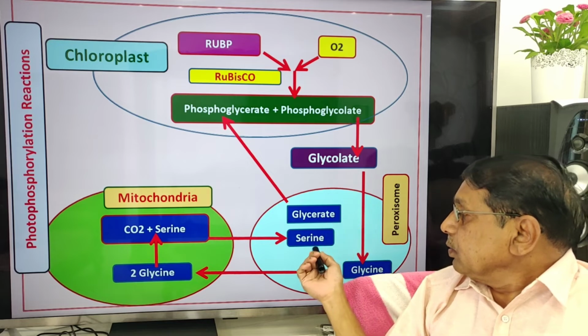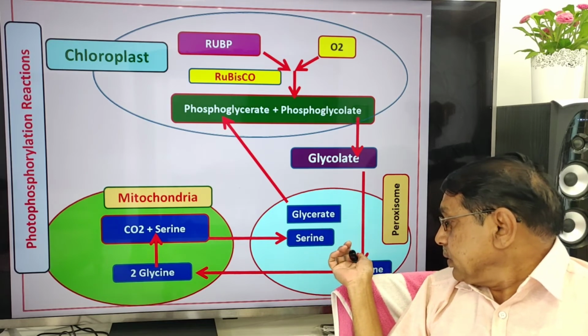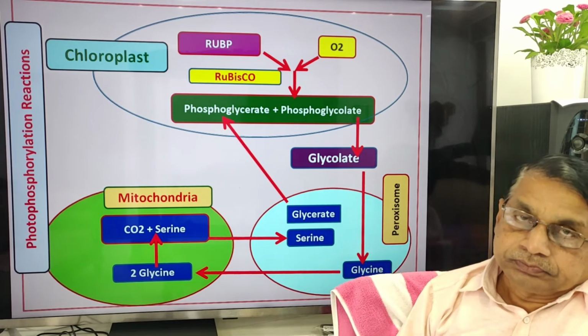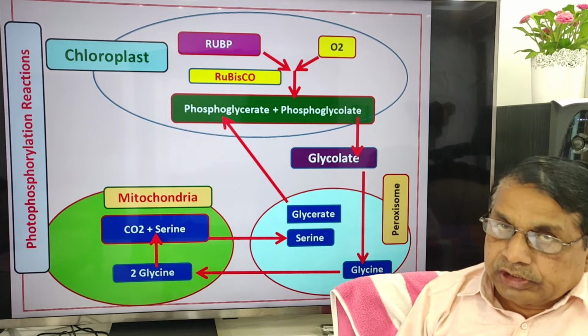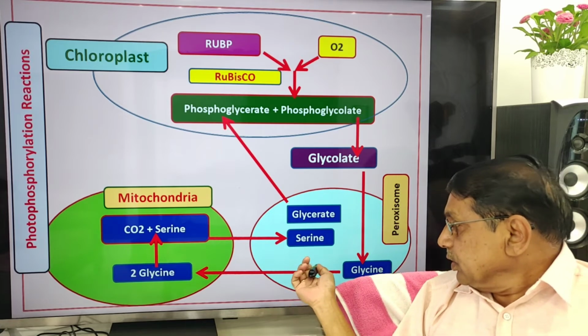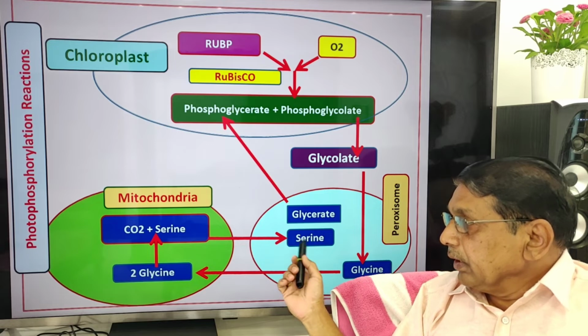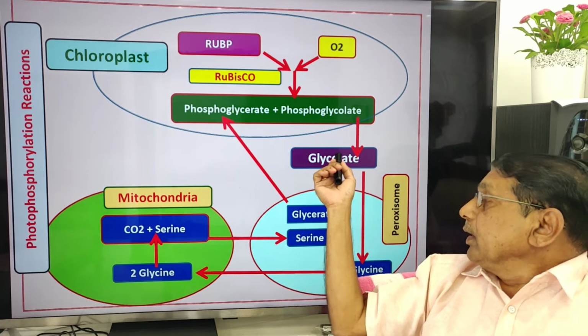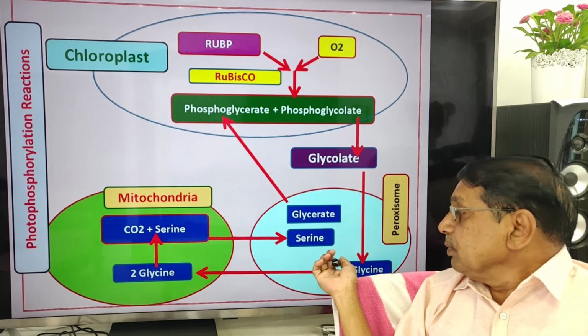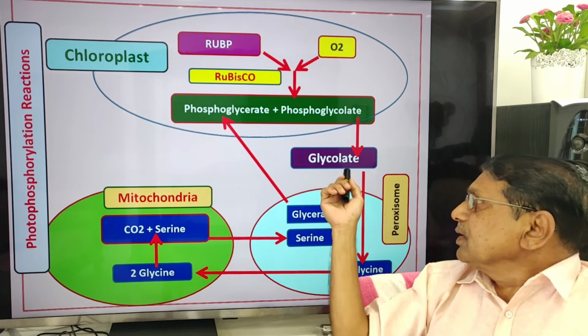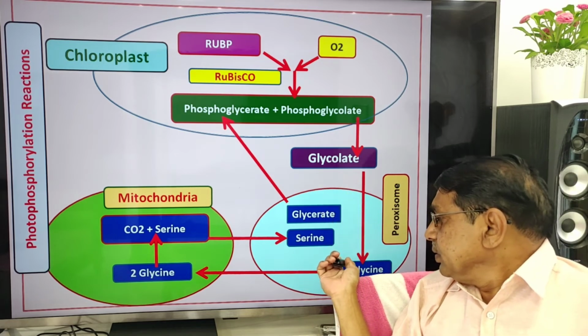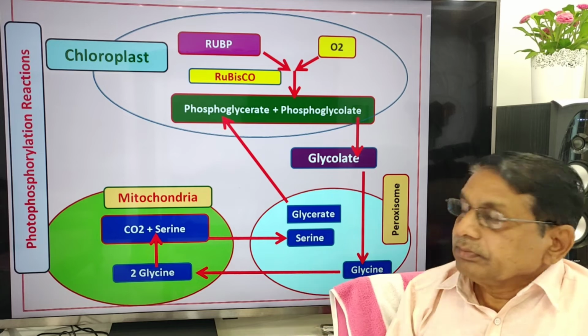After entering the peroxisomes, it is converted to glycine, an amino acid; the enzymes necessary for this conversion may be present here.